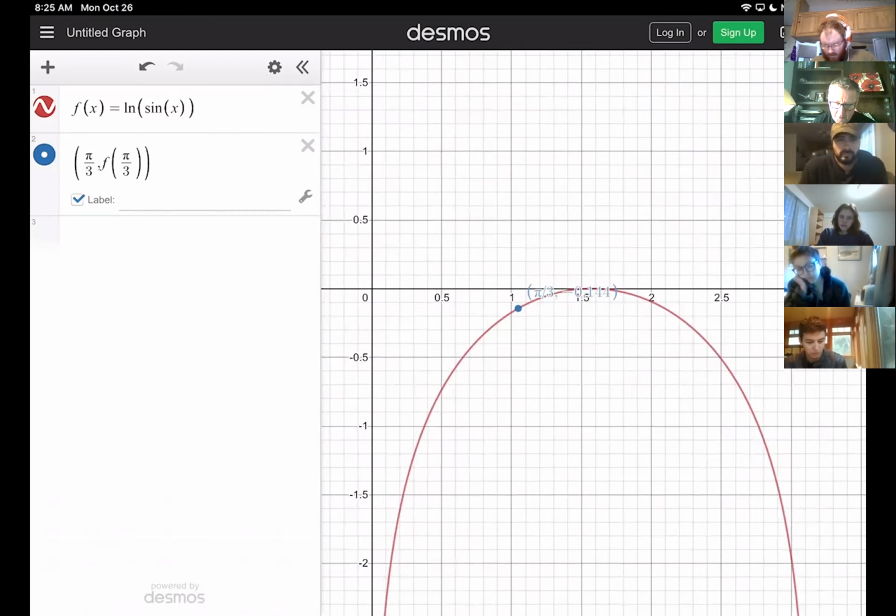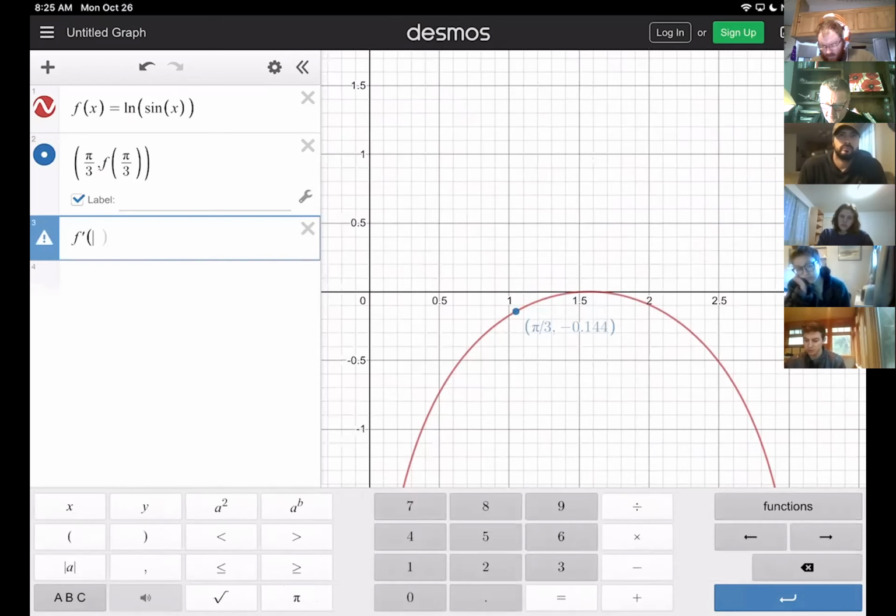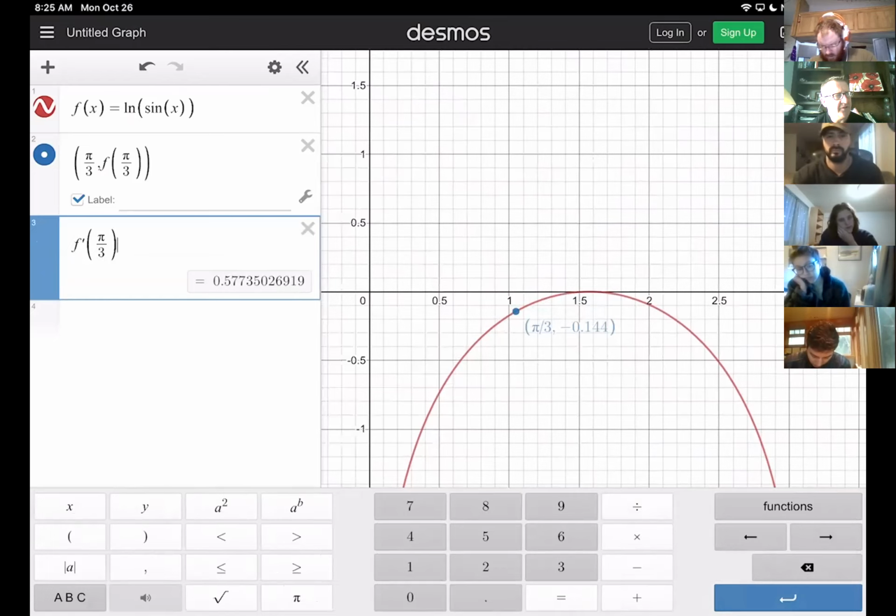And of course, we can just go into Desmos and really cheat and say, what is the slope, f prime of pi over 3? We can ask it. Check our work. And sure enough, it agrees with the math we just did.